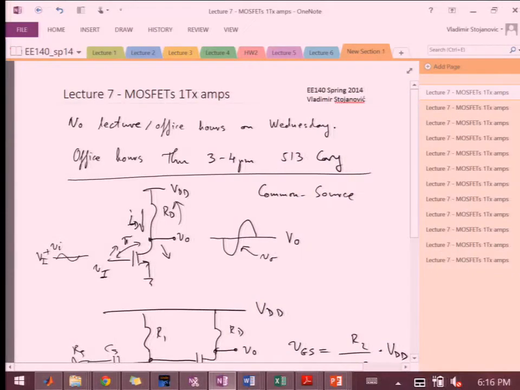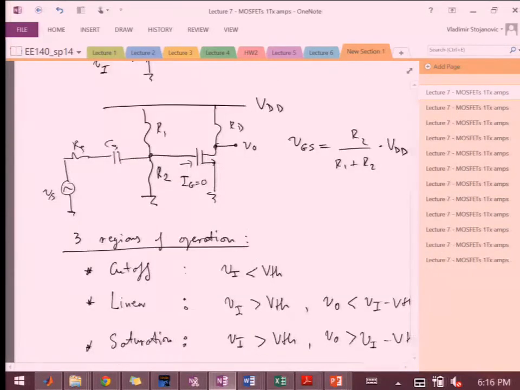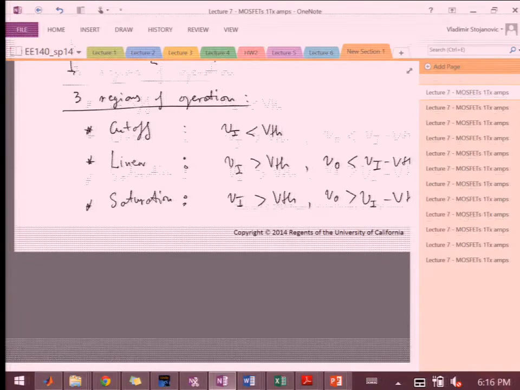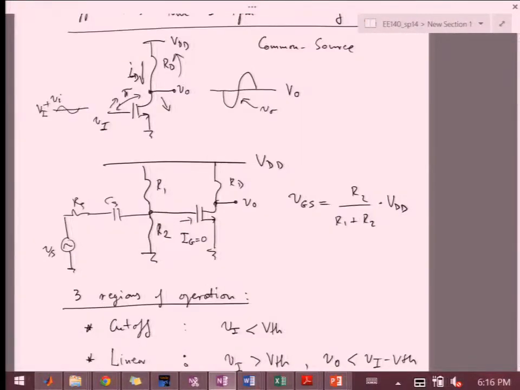Maybe one more thing to add, in terms of homework: by simply writing out what ID is as a function of VI, you'll be able to relate ID to V out, and then eliminate ID from the equation and get something that's just a function of V in and V out.